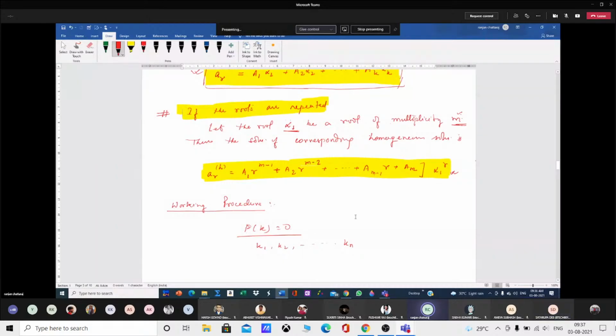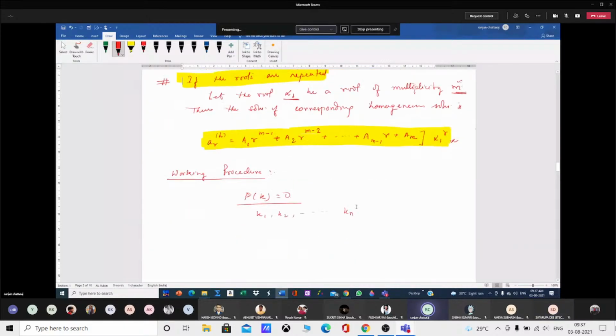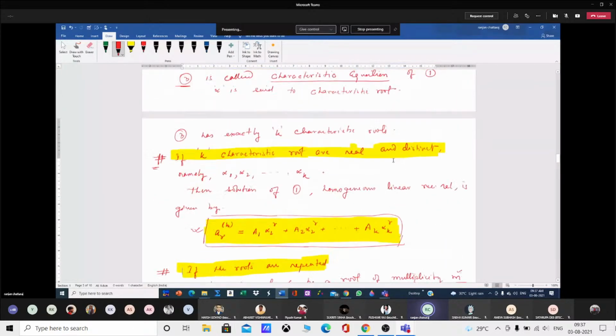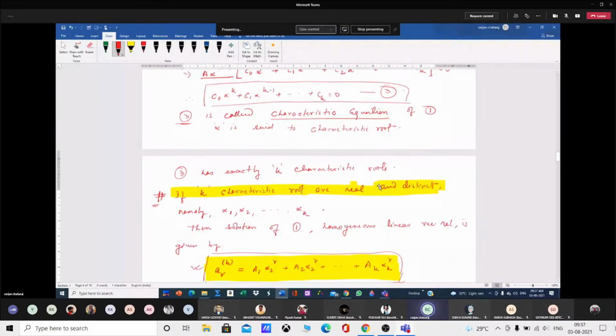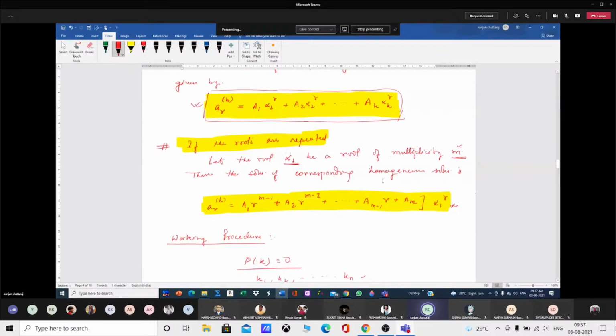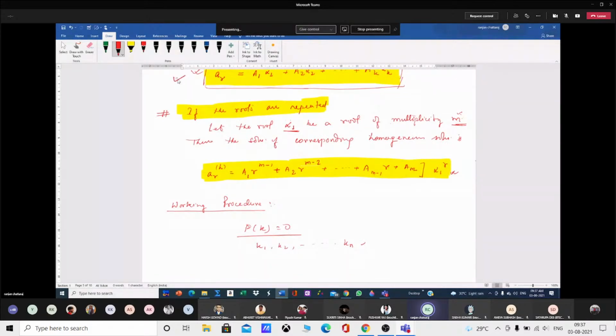There are two possibilities. Either all are distinct, and then this would be the solution.